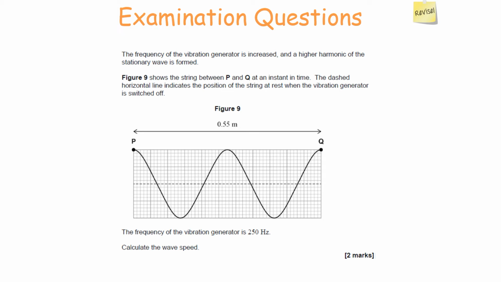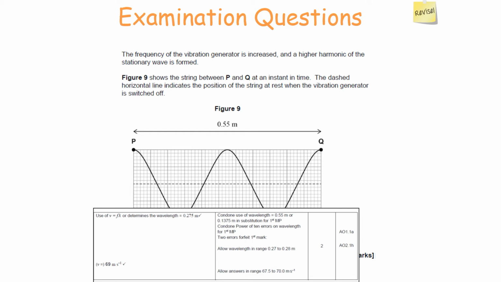Right, so what we've got to consider is that we want to use the equation v equals f lambda to work out the value of v. You can use this to determine the wavelength. You'll notice that between P and Q this isn't one wavelength, it's actually two wavelengths. It's gone from P to a peak, and then from another peak to Q, which is the next peak along.